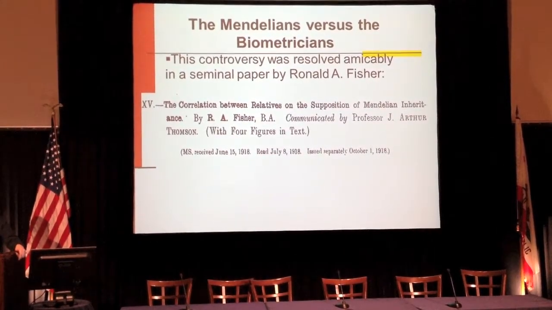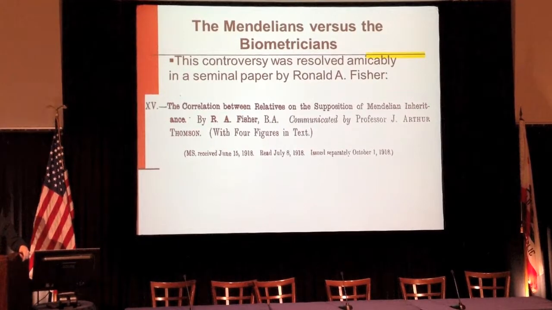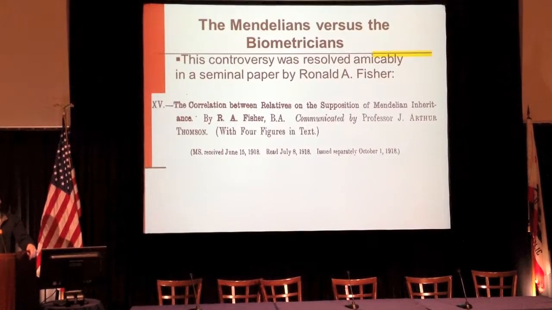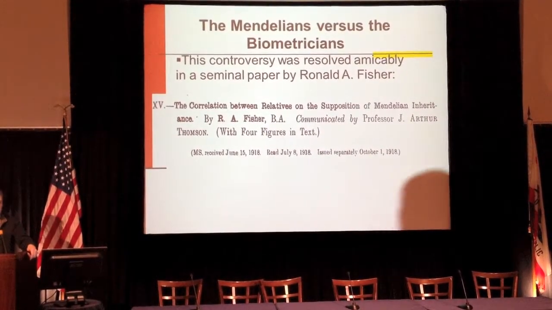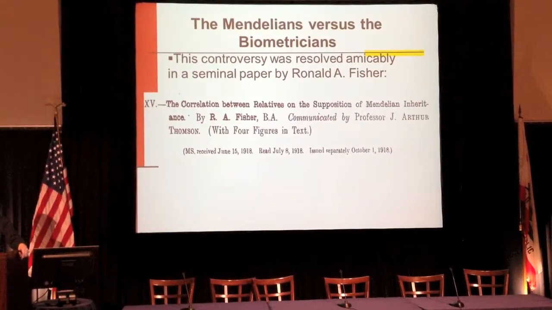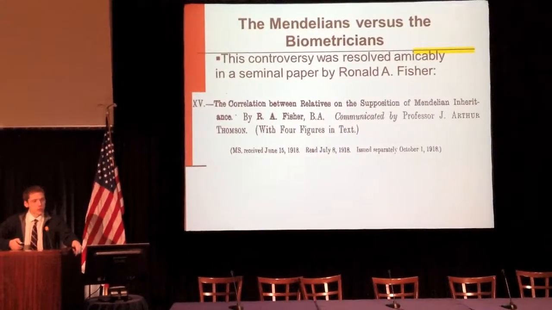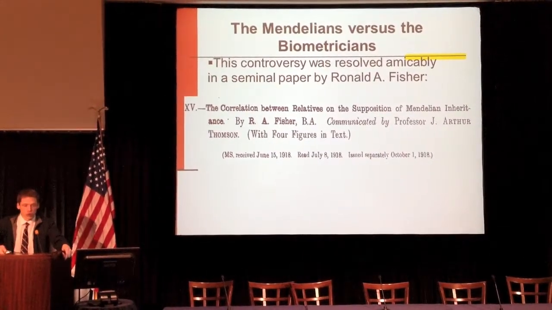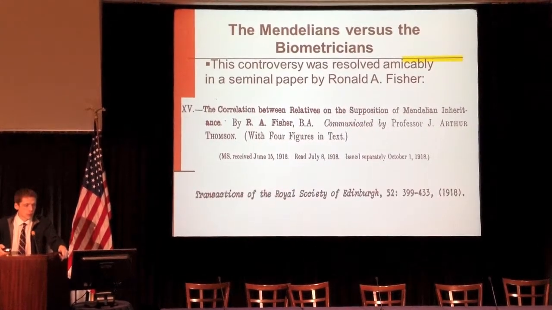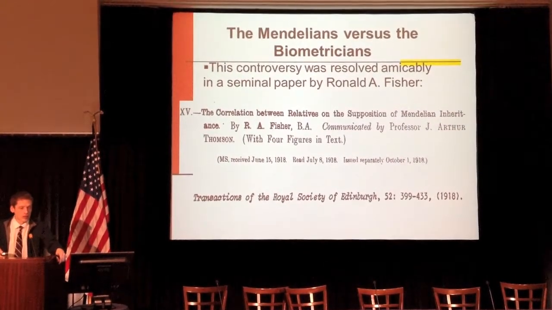This controversy between inheritance of simple or binary traits, such as pod color, or in human genetics a disorder type, and inheritance of complex traits such as color of the skin, or color of the iris, or heritability of height and weight, was resolved amicably, without any physical altercations between the two schools, in a seminal work by Ronald Fisher, who is the father of quantitative genetics. This work was published in the Transactions of the Royal Society of Edinburgh in 1918.